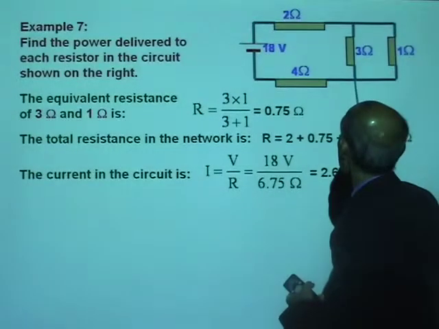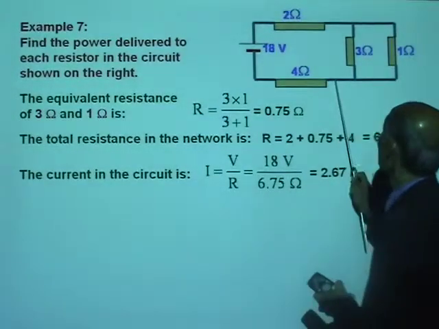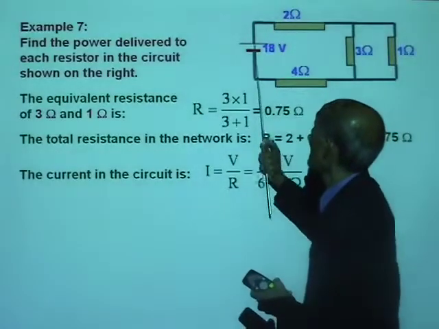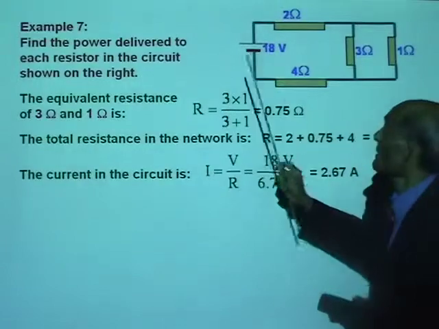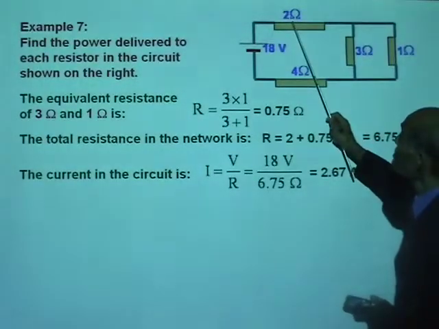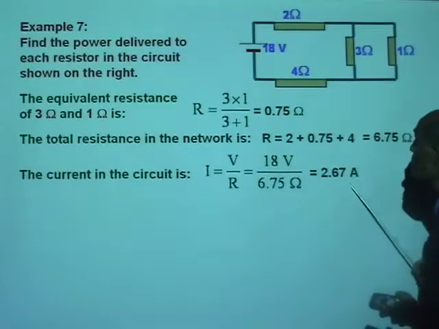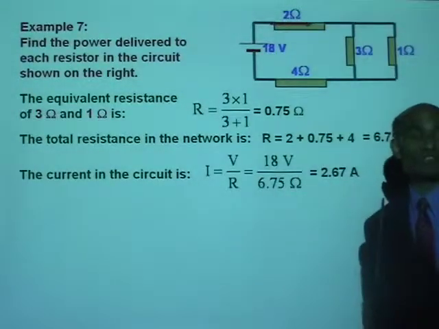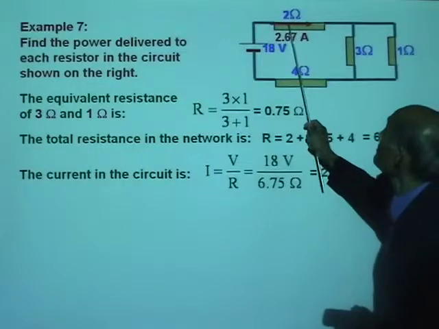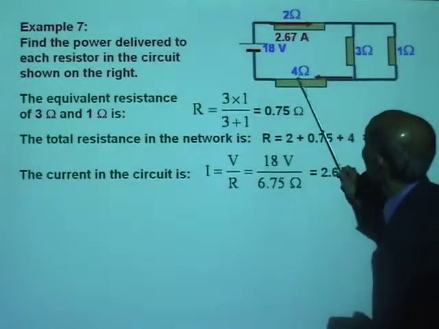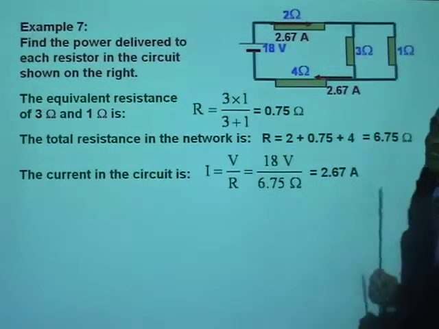They will combine to become 2.67 here, which will pass through the 4 ohm and back to the cell. That's what it means. That means the current in the 2 ohm and the current in the 4 ohm will be the total current, 2.67. So the current in the 2 ohm is 2.67 ampere. The current in the 4 ohm also is 2.67 ampere.